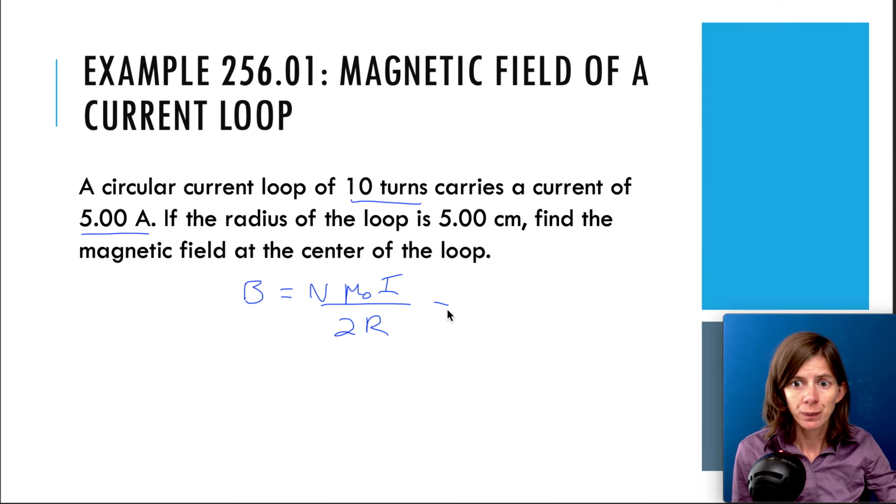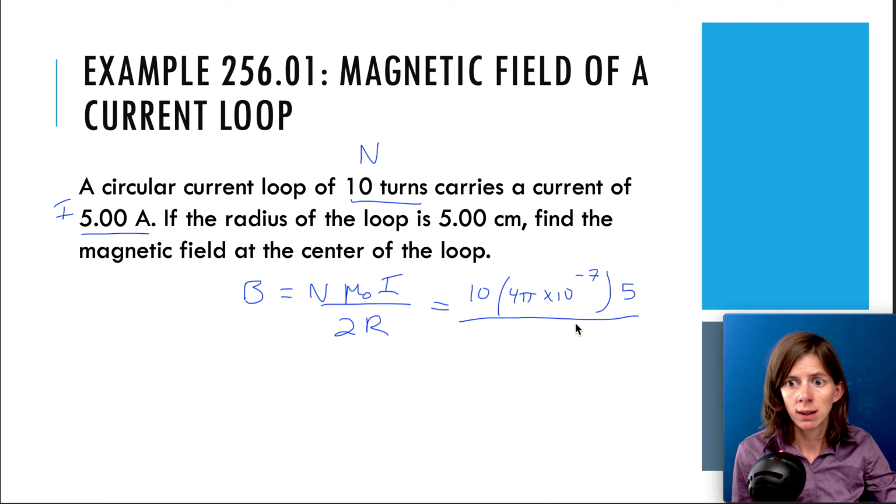So N is the number of turns, that's 10. μ₀ is the permeability of free space, that's 4π times 10 to the negative 7. And then I is the current, which is given as 5 amps. And then 2R, and R is the radius.